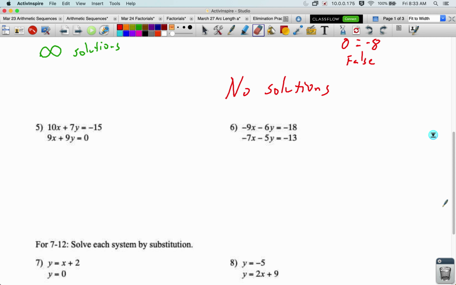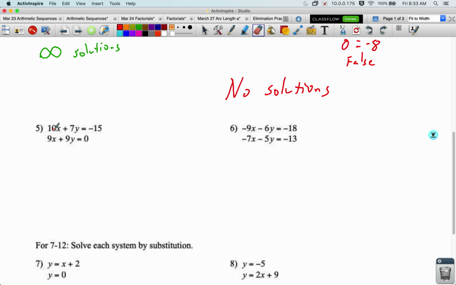5 and 6 are kind of our harder ones where I don't have a 0 pair, I don't even have multiples. Gotta get a little bit more creative here to form a 0 pair. So I'm going to try to form a 0 pair with the x's. That means I'm going to multiply the top by a positive 9, so that'll get 90x, and the bottom by a negative 10, so I'll get negative 90x, and now I'll have a 0 pair.